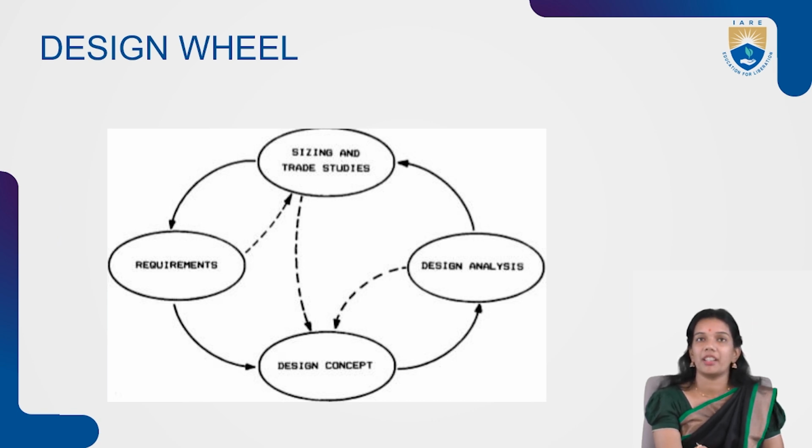Then I narrow down to the concepts which are better in meeting the requirements that are set. Once the concept is finalized, it goes for analysis. Different analyses are done to see whether the requirements are going to be met, and whether the aircraft is going to look like what the designer has thought of. All of these form an iterative process.